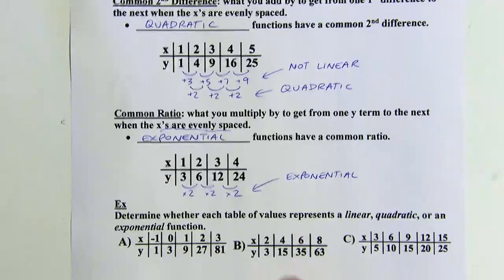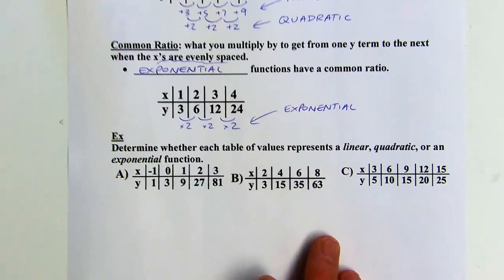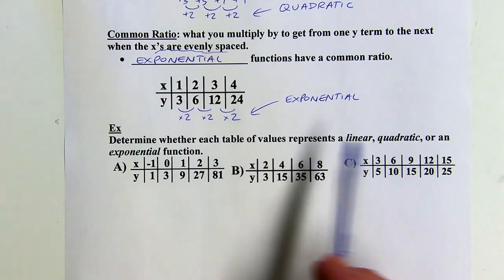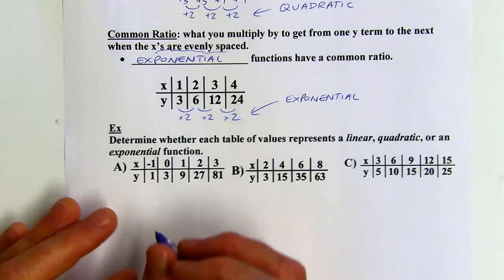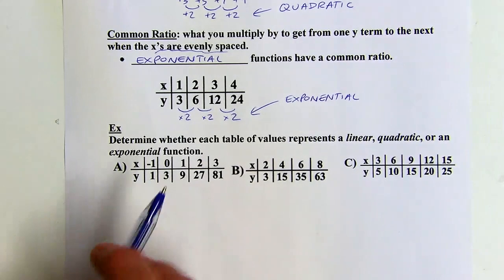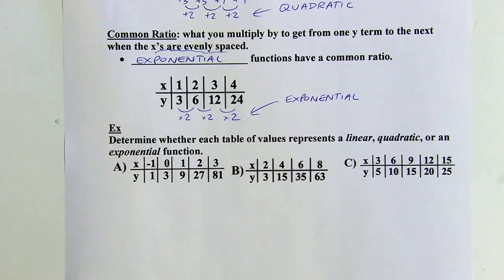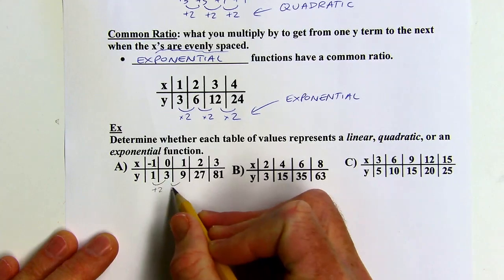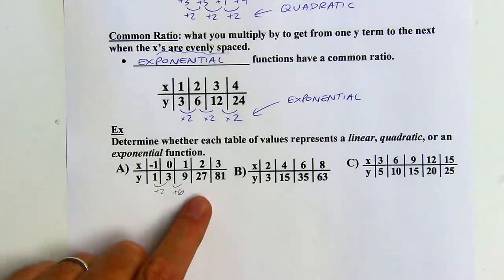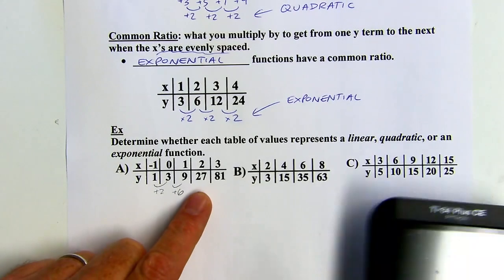All right, let's go ahead and try it out on some XY tables. We're supposed to decide linear, quadratic, or exponential. Let's take a look at this one. First, looking at adding, we'd add 2 and then 6. When these numbers get bigger, or if you have decimals, you can work backwards.